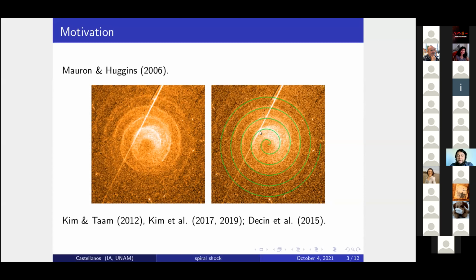The observations fit an Archimedean spiral well. There are some other works showing similar spiral patterns, arcs, or rings.